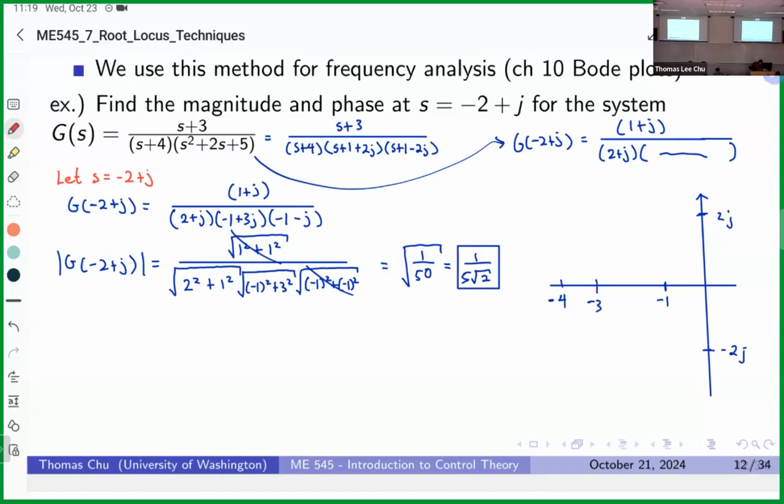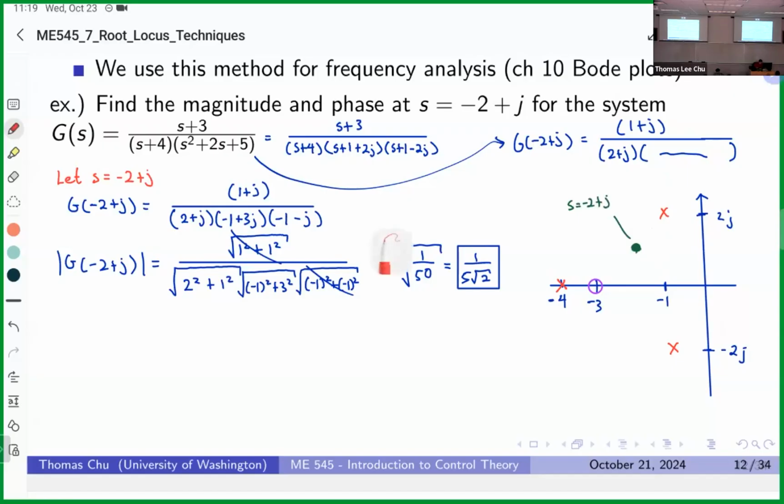Let me draw the pole locations first. So we've got one at minus 1 plus 2j and the pole at minus 1 minus 2j, and then a zero at minus 3. And we're evaluating at minus 2 plus j, which is going to be right here, roughly. This is s equal to minus 2 plus j.